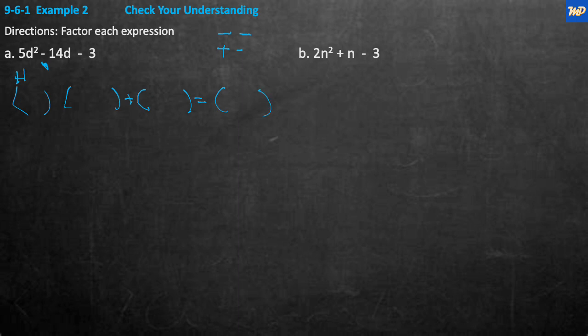And so how many of these rows am I going to have? Well, apparently, if you look at the coefficients of the A term and the C term, they're both prime numbers. So all we have is a 5 and a 1 and a 3 and a 1. So kind of makes it easy. So we're going to start off with the 1 like I always do, and the 5.